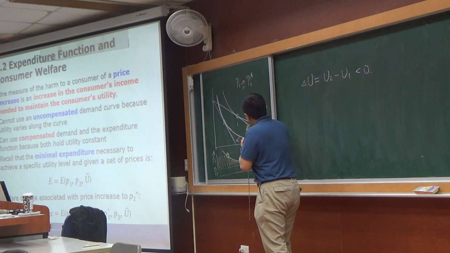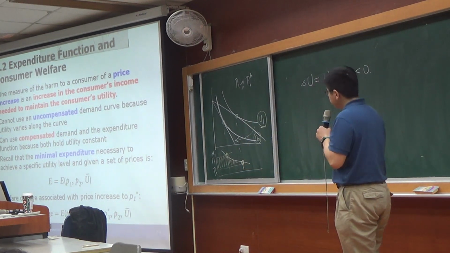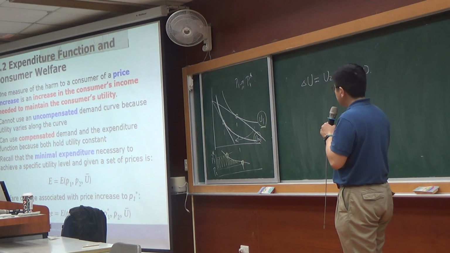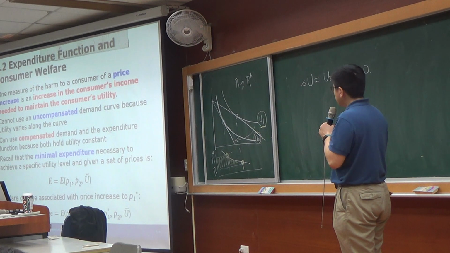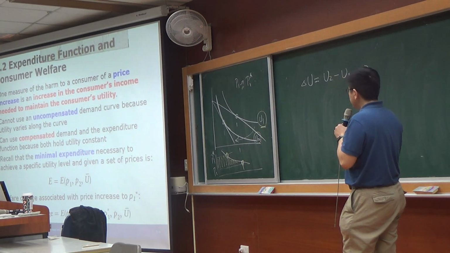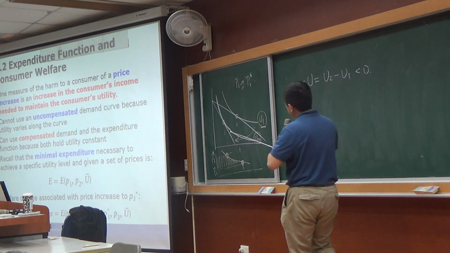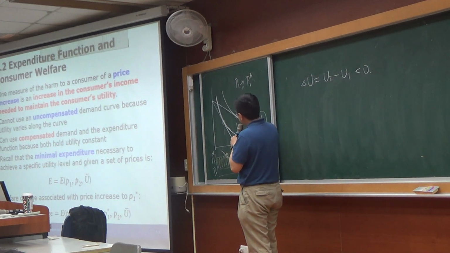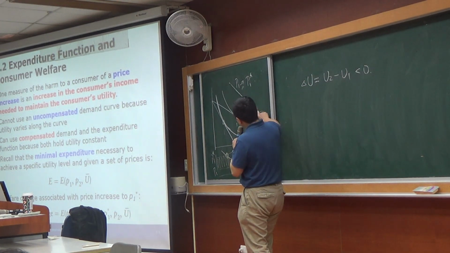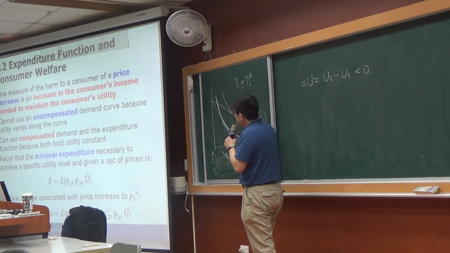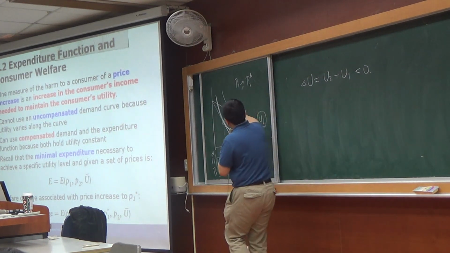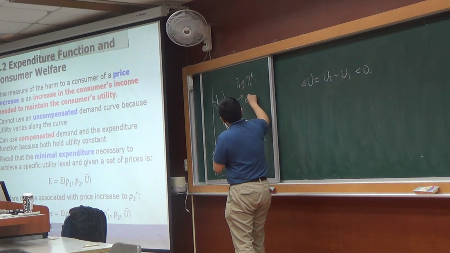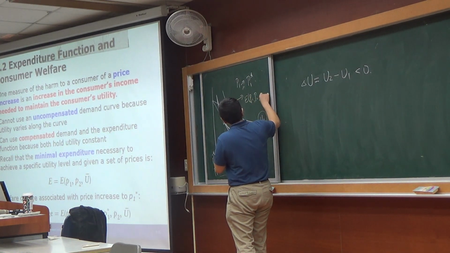So if we want to have U1, with the initial prices P1, P2, what would be the expenditure? We want U1 and minimize the expenditure. This would be E given P1, P2, and U bar, or U1.